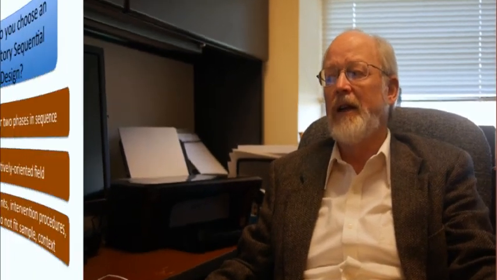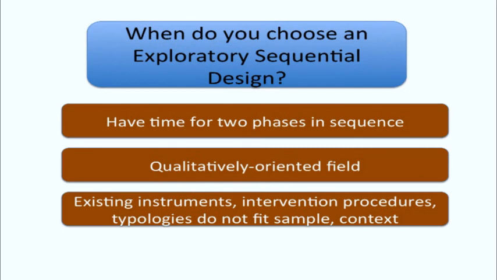So when do you choose this type of rigorous design? First of all, you need at least time for 2 phases, if not 3 phases here. It's very attractive to qualitatively oriented scholars and students because you're starting qualitatively and then you build into the quantitative direction.